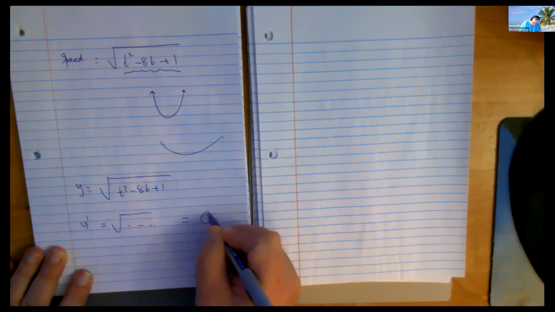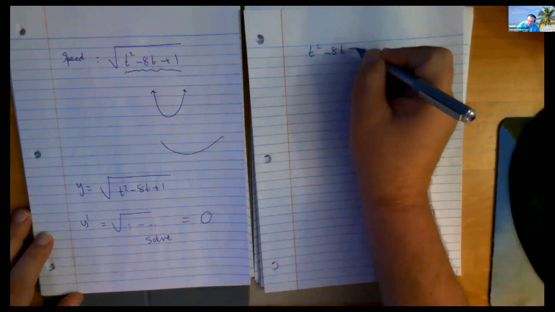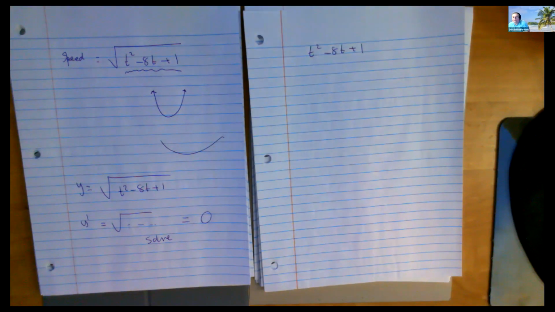So my argument is that this function has a minimum, and all I need to do is find out when its derivative is 0. I don't need to find the derivative of the whole function with the square root, set it to 0 and solve. I only need to do this. Don't you only need to solve when the thing inside the square root is biggest or smallest to know the place where the largest and smallest will occur?